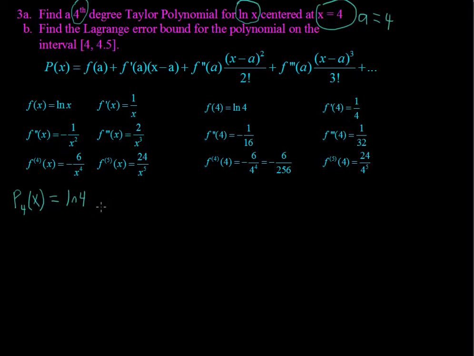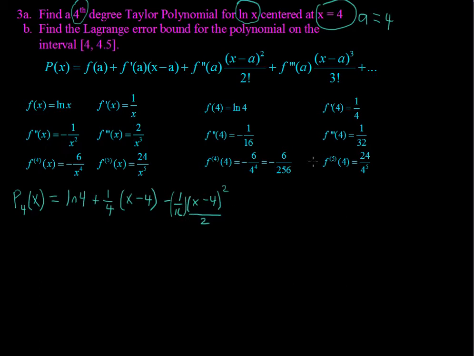Next term is plus 1/4 times x minus a, so x minus 4, raised to the 1 power, plus the second derivative, which actually is going to be negative, so let's make that a minus sign instead. So minus 1/16 times x minus 4 squared over 2 factorial, which is just 2.